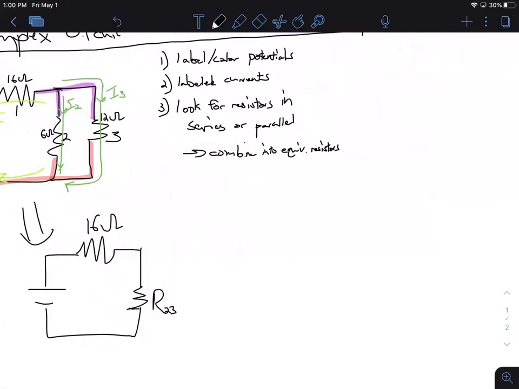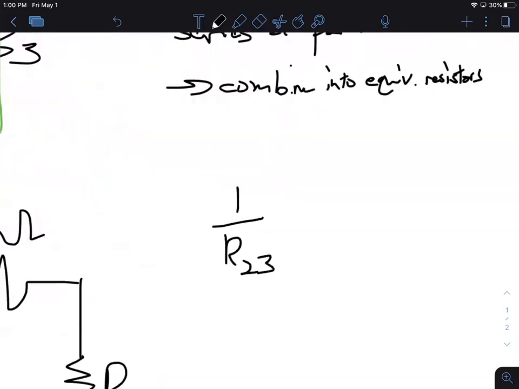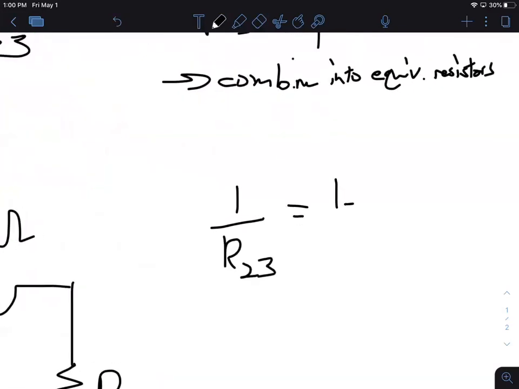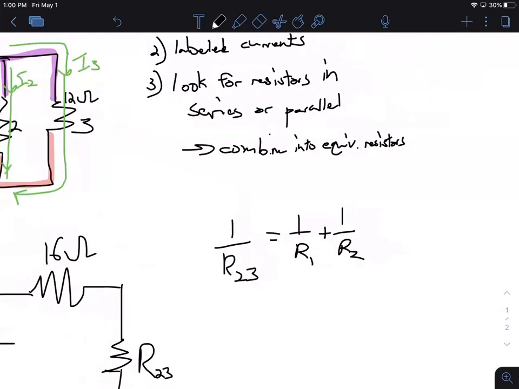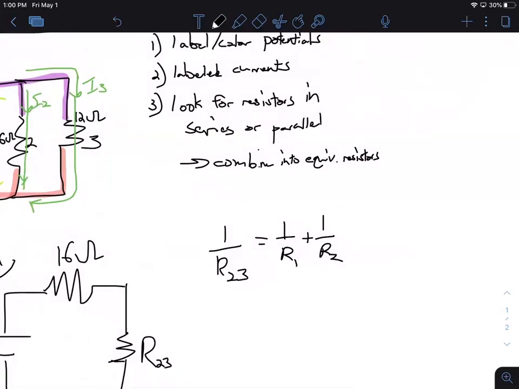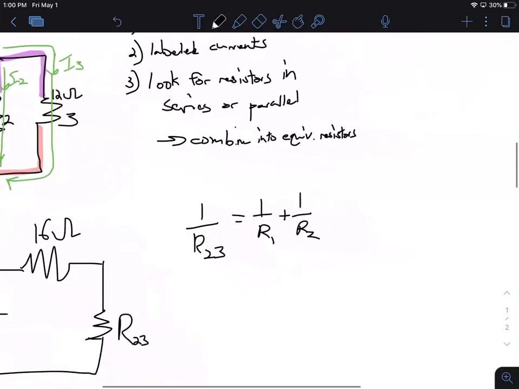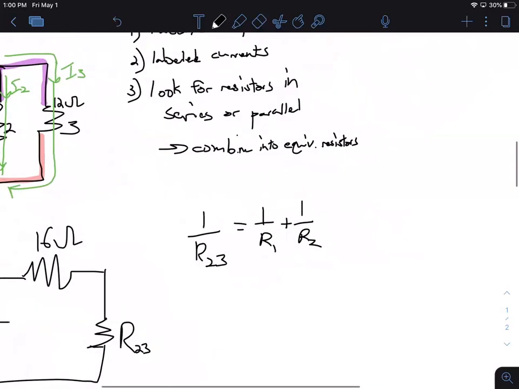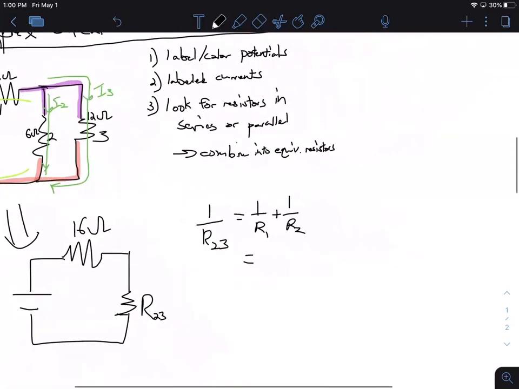And to do that, I know 1 over R equivalent of 2 and 3 is 1 over R2 plus 1 over R3. And in these examples, I tend to make the math work out easily for you. Be prepared for that not always to be the case. So I'm going to get 1 over 6 plus 1 over 12.